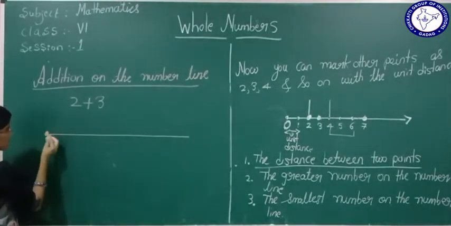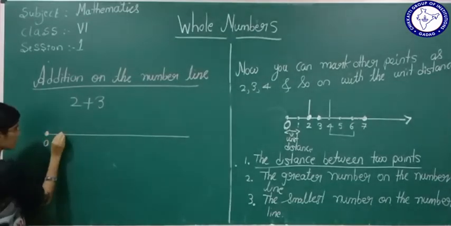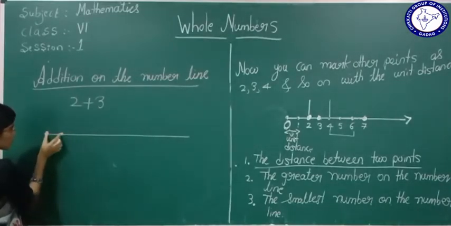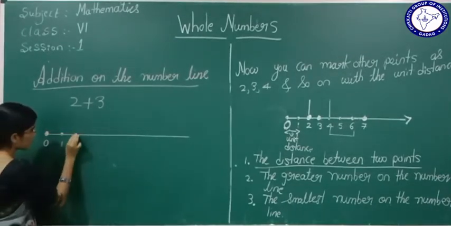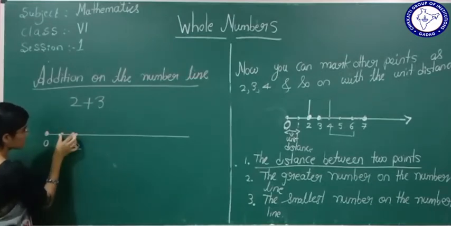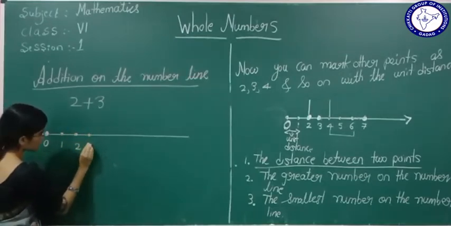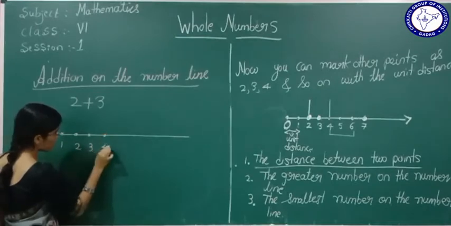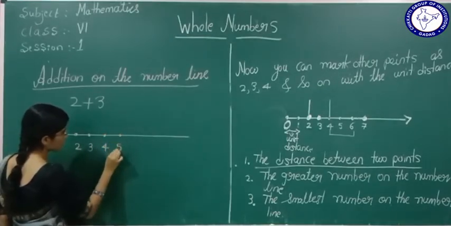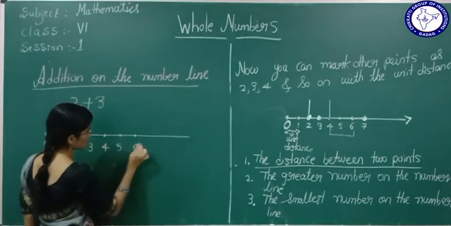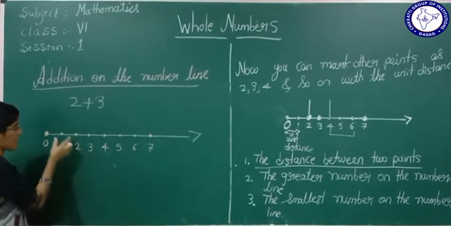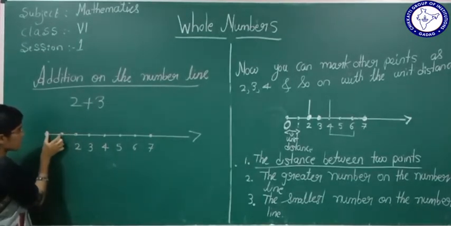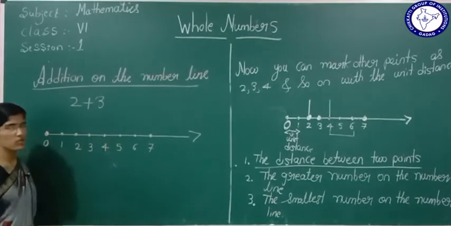Whole numbers will start from 0, then 1. Whatever distance you take here, the same distance you have to keep here: 2, 3, 4, 5, 6, 7. You can't keep it however you want. I kept the same unit distance. What is the distance between 0 and 1? The same distance you have to maintain.